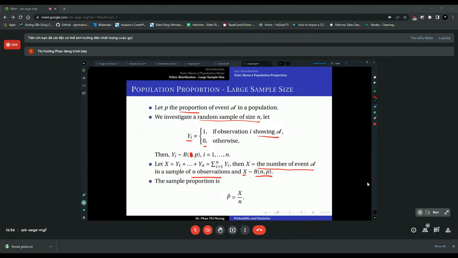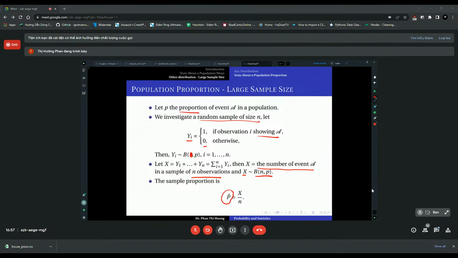Of course, a natural choice to estimate the population proportion is the sample proportion p hat. P hat is defined as S over n. It just means that we count among n observations how many show our event of interest, and divide the total number of events by the sample size. We have the sample proportion.